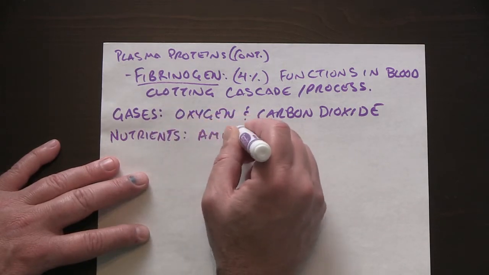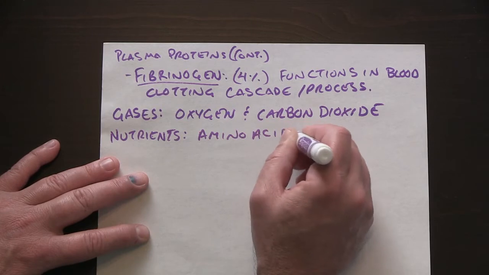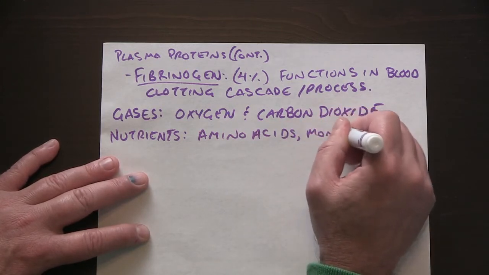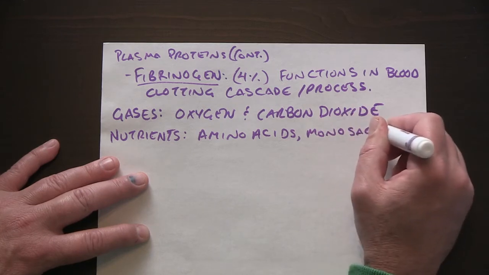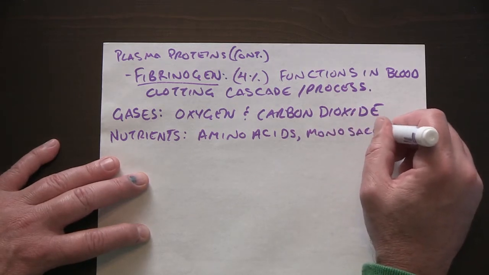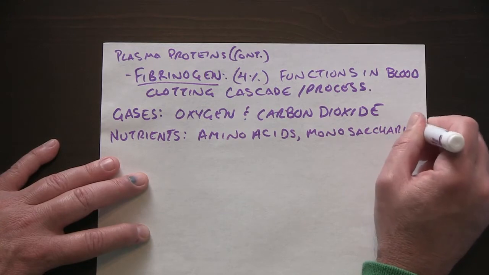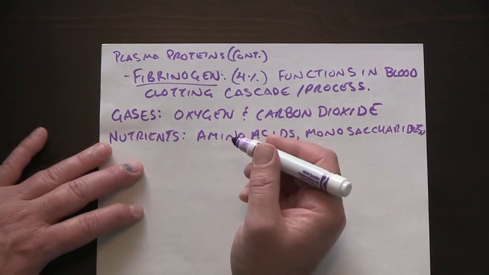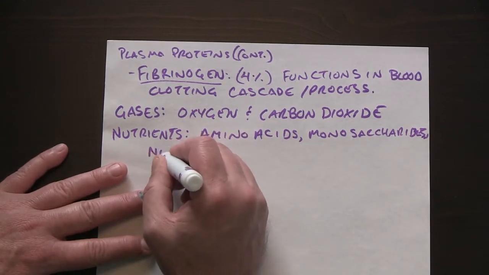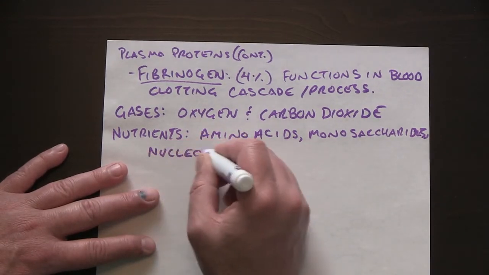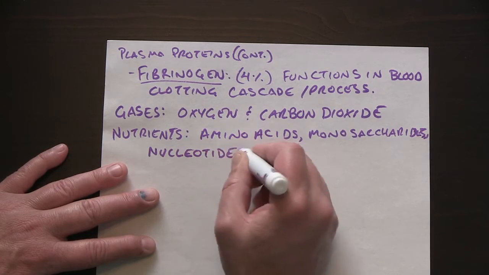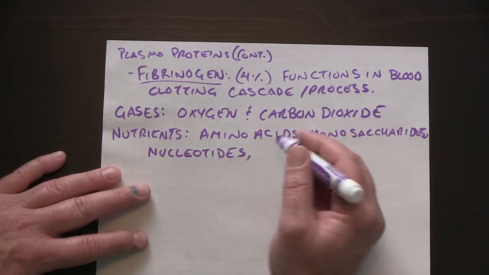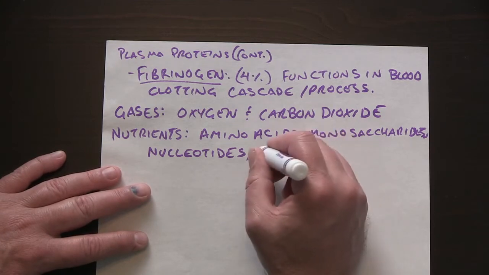These can include amino acids and sugars, different monosaccharides. Can you remember saccharides? And nucleotides, which are nucleic acids, or will be nucleic acids. And then lipids.